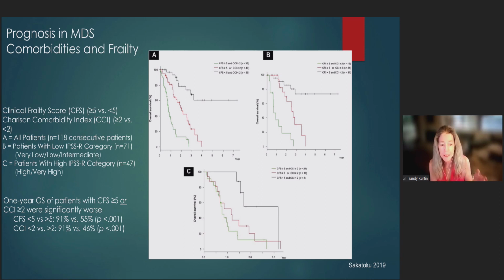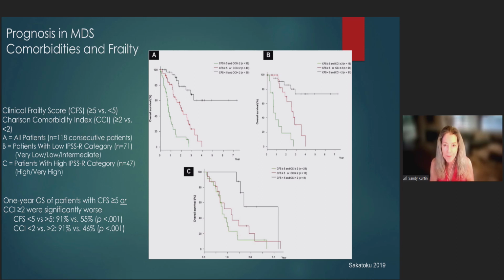And you can see the big difference just in that percentage of 1-year overall survival in those two groups, where the people who are less frail, have fewer comorbidities, do significantly better than those who have greater comorbidities and are more frail.